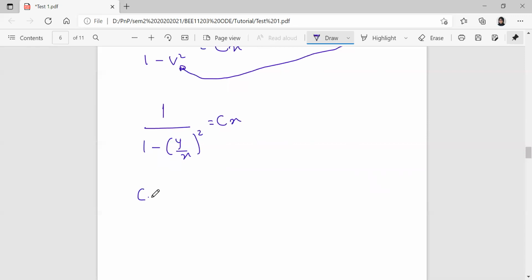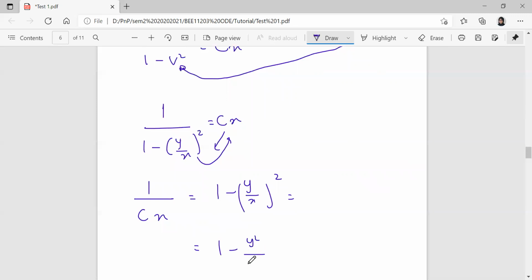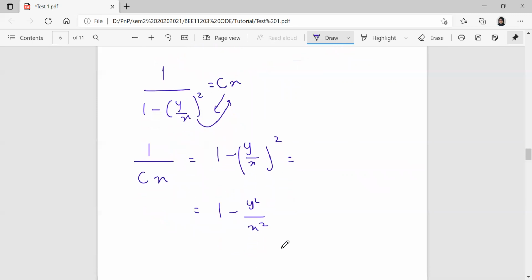Now, this c goes to this side and this goes to that side. So you have 1 over c x equals 1 minus y over x squared, or equals 1 minus y square divided by x square.